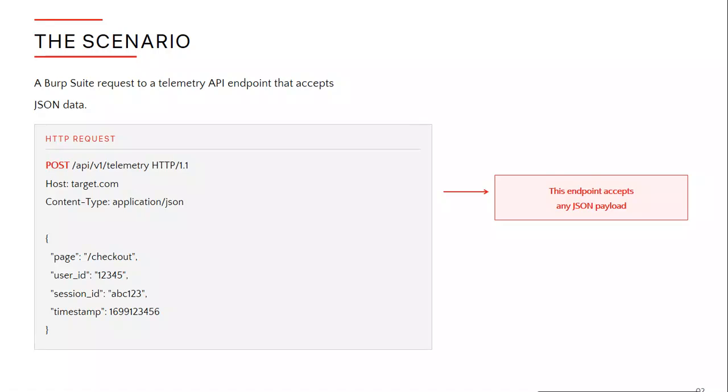It gives device or app information, that is the browser, the operating system, the app version, errors and stack traces, and usage patterns, that is how often an endpoint is hit. So that's what telemetry actually is.